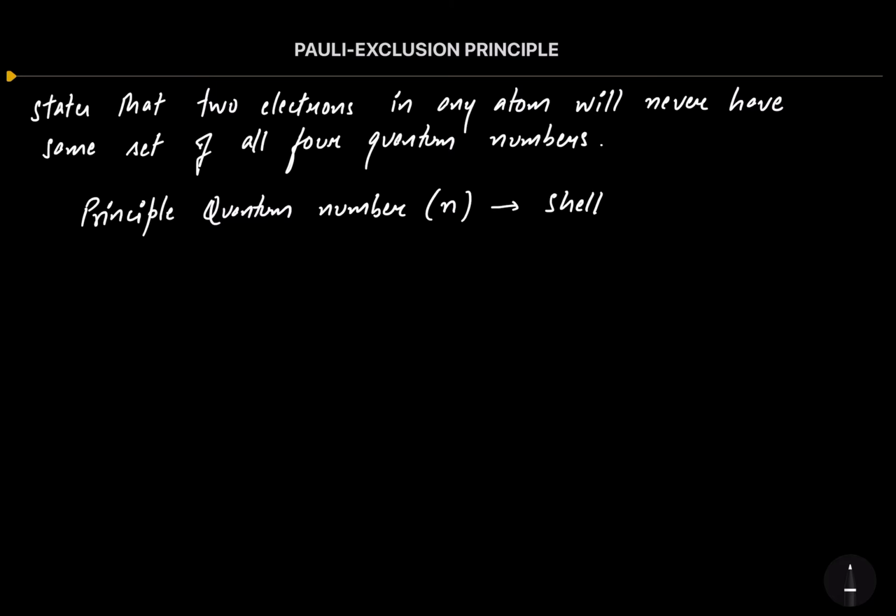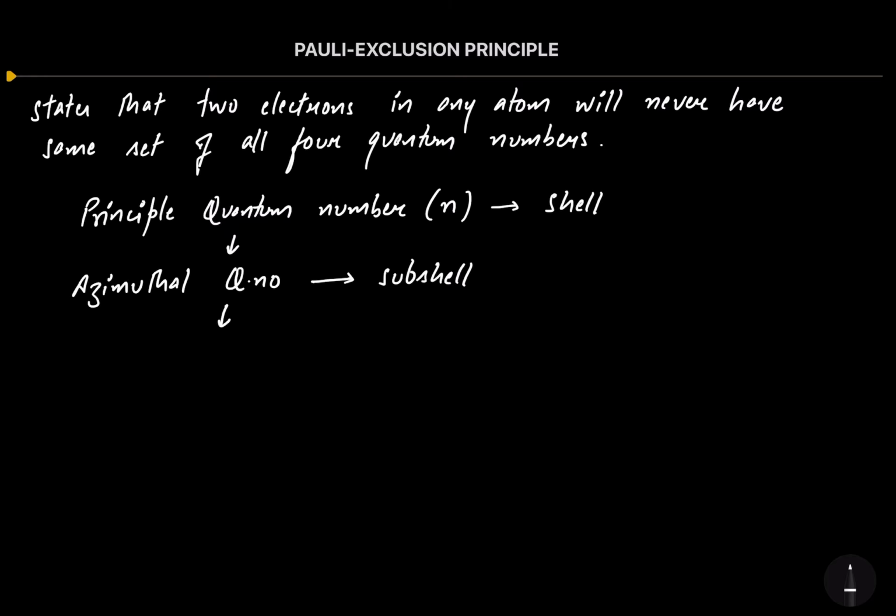The second one is azimuthal quantum number and it signifies the subshell in main shell in which electron is present.